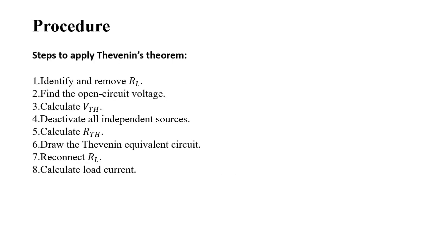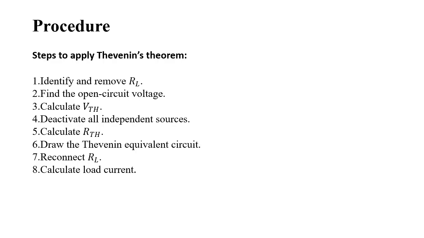In this slide, we are going to see the procedure and steps for Thevenin's theorem. First, we have to identify the load resistance and remove it. Next, find the open circuit voltage, and after finding it, calculate the Thevenin's voltage value.